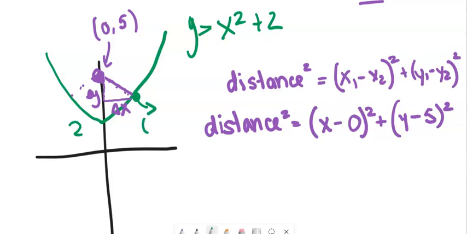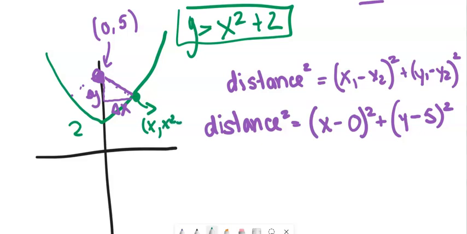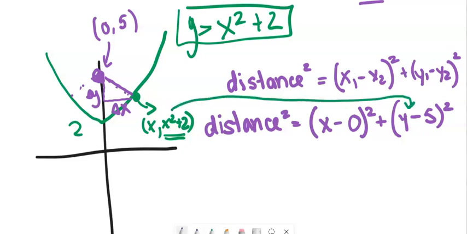So this point is going to be x, and then I'm going to use this expression for y here: x squared plus 2. So I'm going to use this definition of y in here. Okay, so d squared equals x squared plus x squared plus 2 minus 5, all squared.